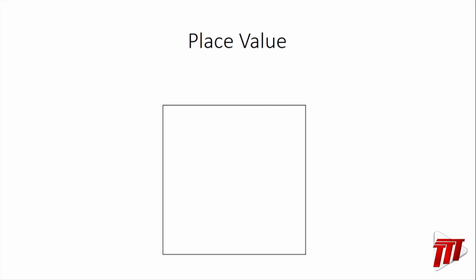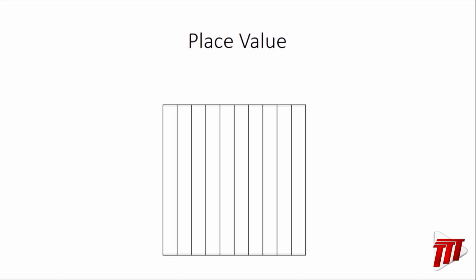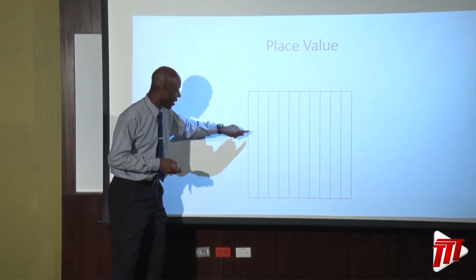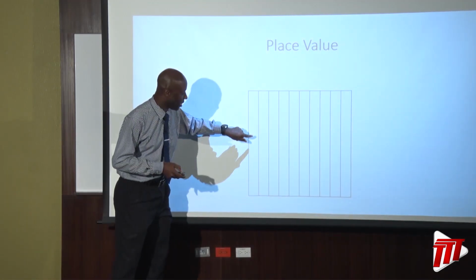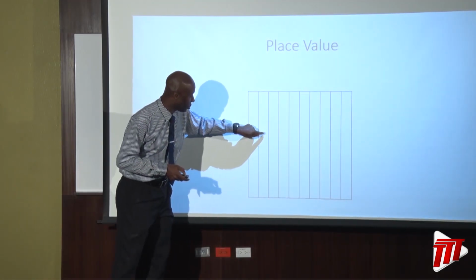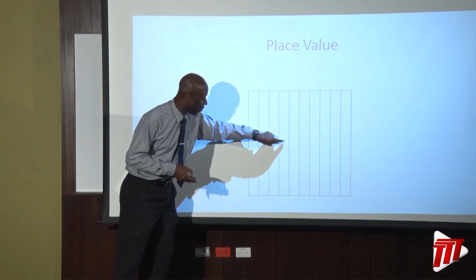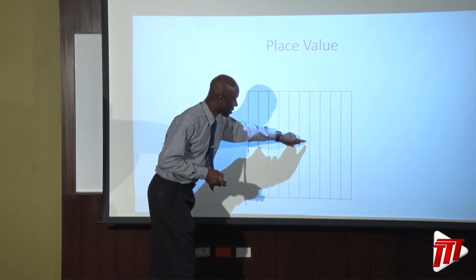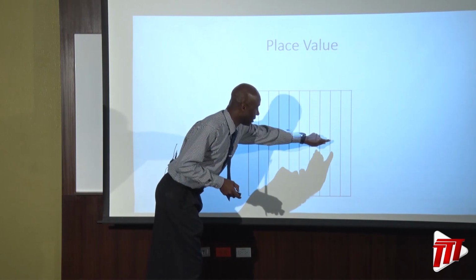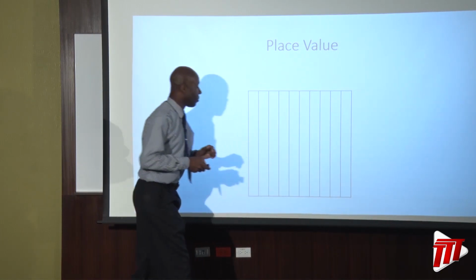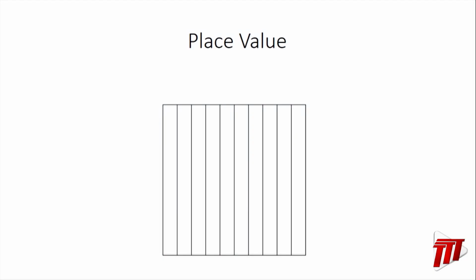So we have our whole, divided into 1, 2, 3, 4, 5, 6, 7, 8, 9, 10. So our whole has been divided into 10 equal parts. Each one of those 10 equal parts is going to represent 1/10.